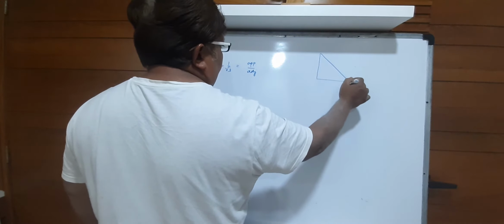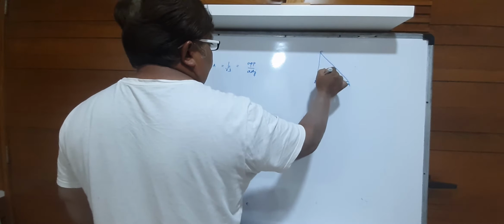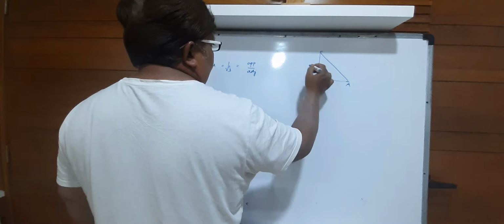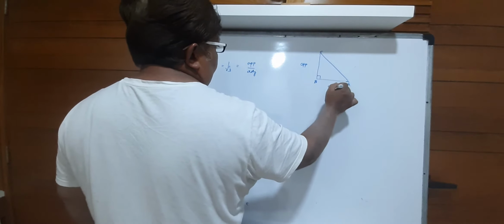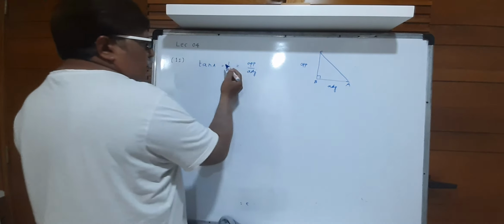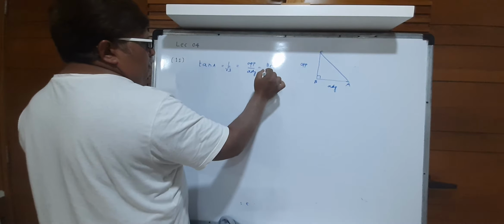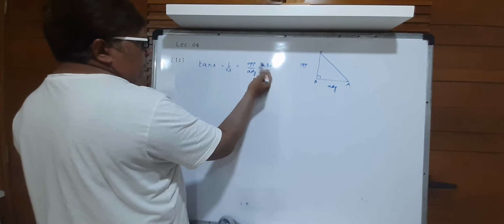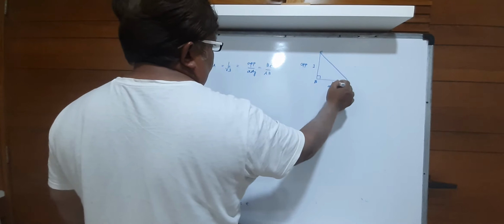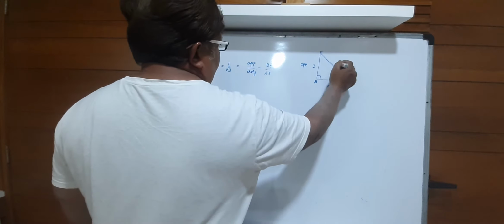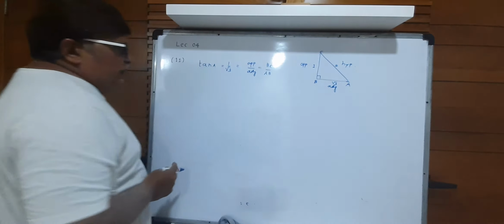Here is A, B and C, the simple triangle. With respect to A, this is opposite, dear student, and this is adjacent. Opposite, that means BC, adjacent, that means AB. BC you got 1, this you got root 3, and as usual hypotenuse you will get 2 when you do it by Pythagoras.